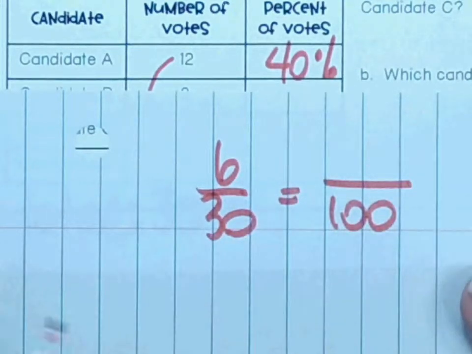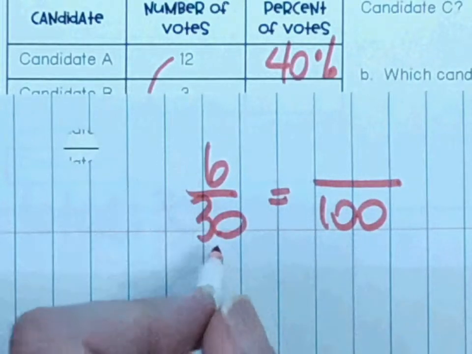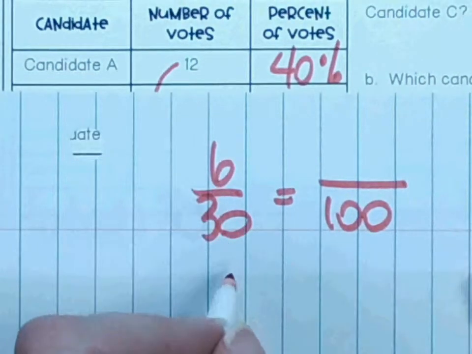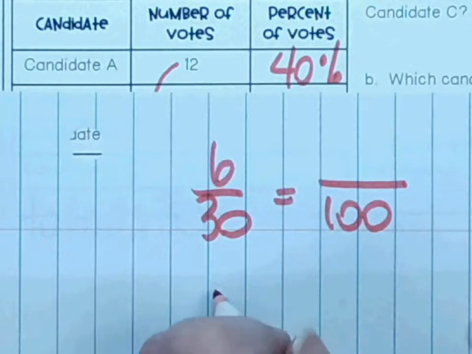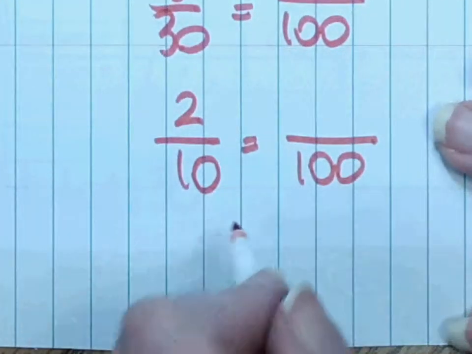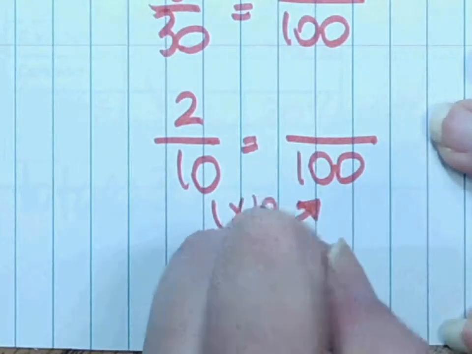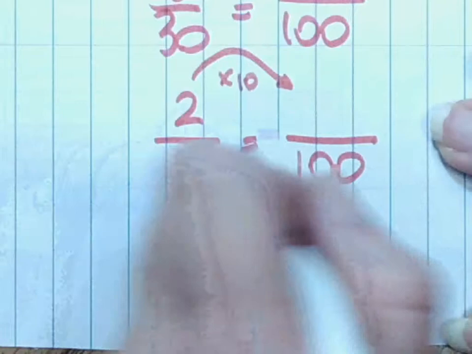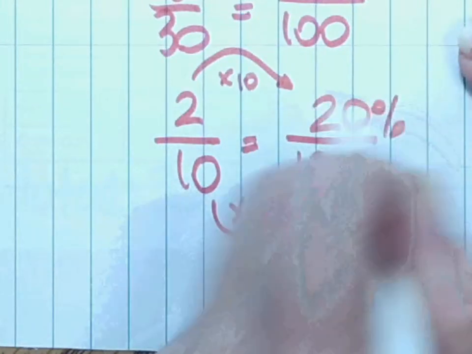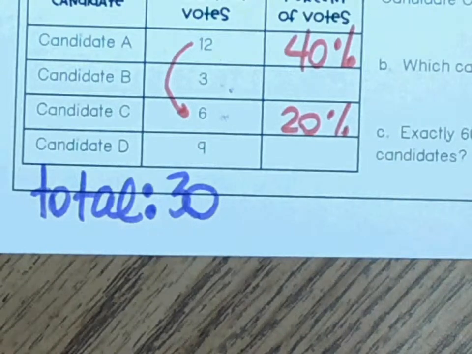Okay, I can't do that very easily. So I could simplify. Let's reduce them both by 3. That would give me 2 over 10. And how do I get from 10 to 100? So 2 times 10 is 20. I gave away the answer, didn't I? So we already had it. That was just kind of checking.